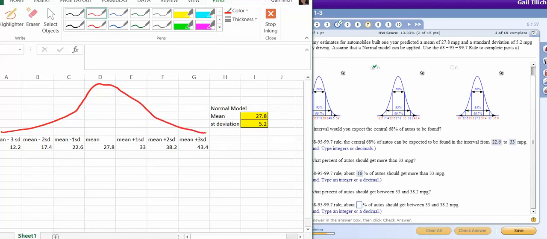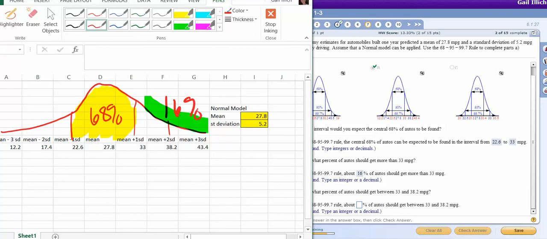All right, so between 33 and 38.2. We want to know this area right in here. Well, what do we know already? We know that 68% of the data is within 1 standard deviation. Now we also just computed that this whole thing beyond 33 is 16%.